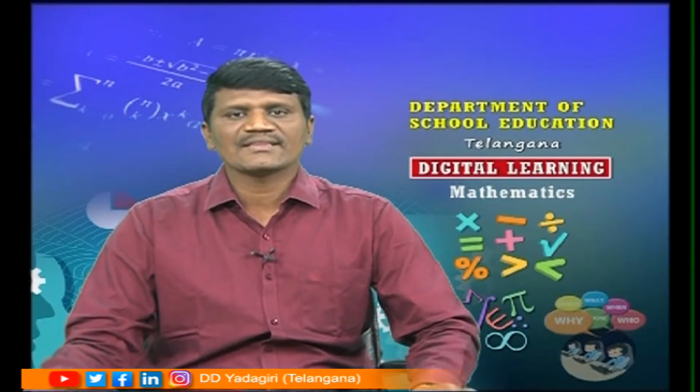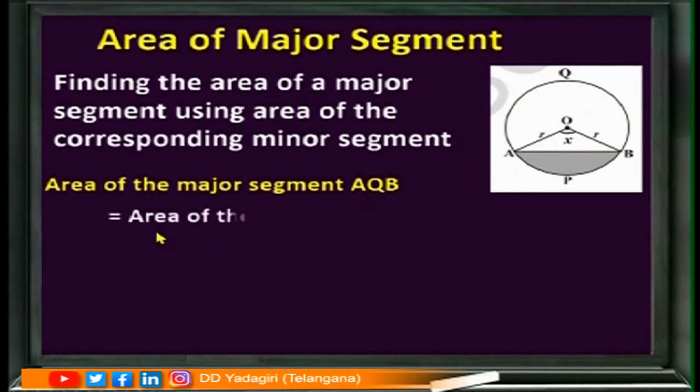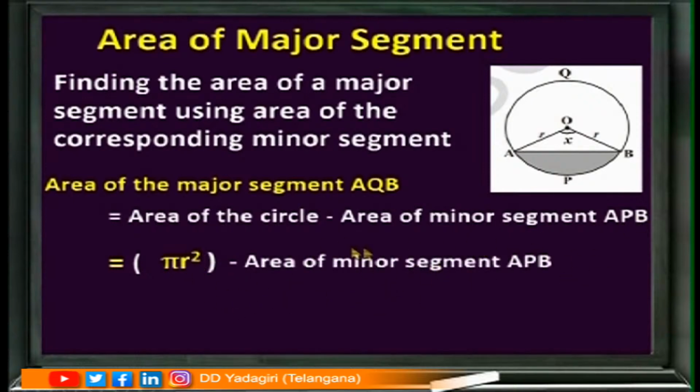So, the area of the major segment AQB is equal to the area of the circle minus the area of minor segment APB. The area of the circle formula is pi r square, minus the area of the minor segment.